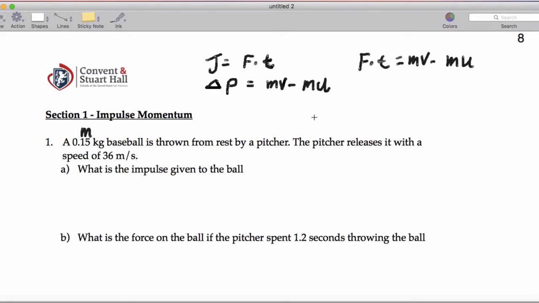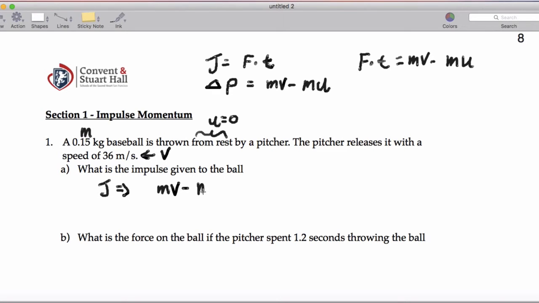So we have m. It is thrown from rest, which implies that u equals 0. And we're given a final speed or velocity, v. So to calculate the impulse, we're going to actually calculate the change in momentum.